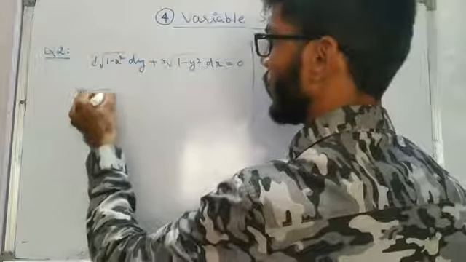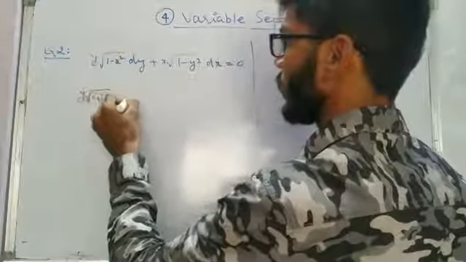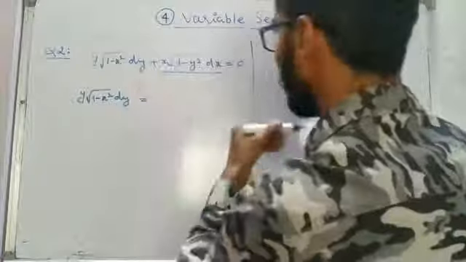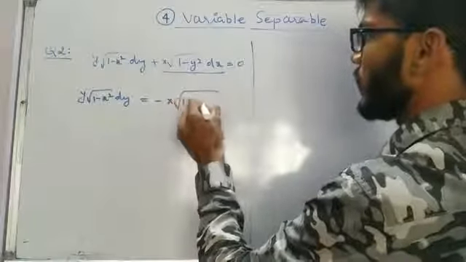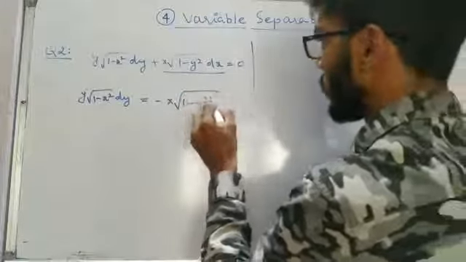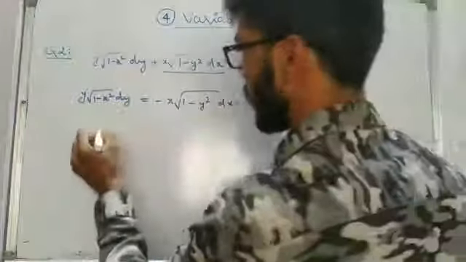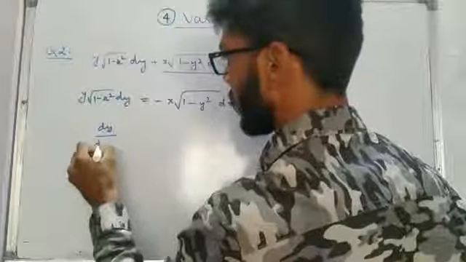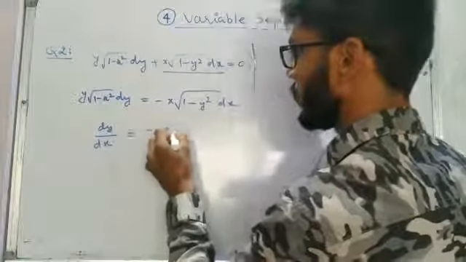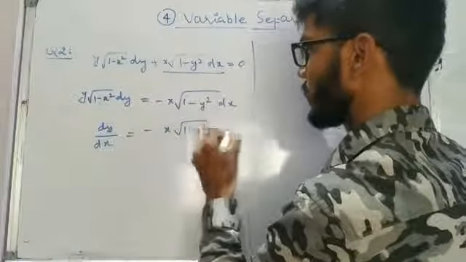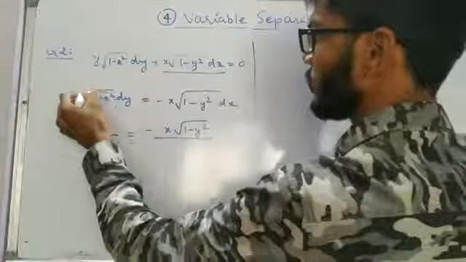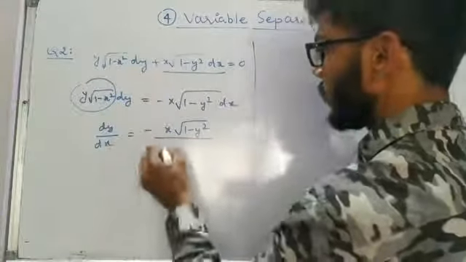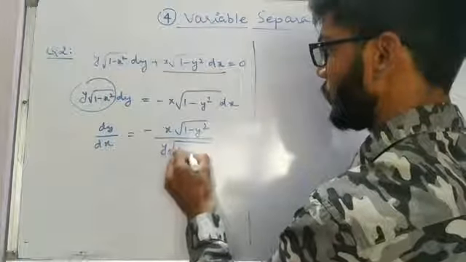So y√(1 − x²) dy, and if I take this other term to the right hand side, we can write it as minus x√(1 − y²) dx. And for dy/dx, this term will stay here only, x√(1 − y²), and this term will come in the denominator, y√(1 − x²).